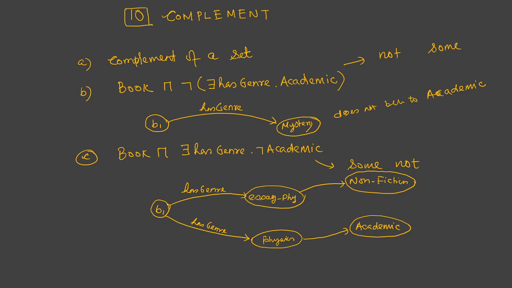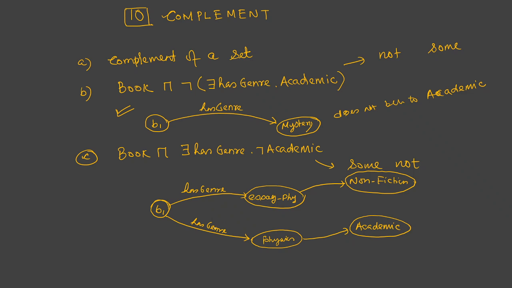So if we try to execute for this data, will this be satisfied? Let us try to check it. It is saying that it will be having only genres which are not academic.